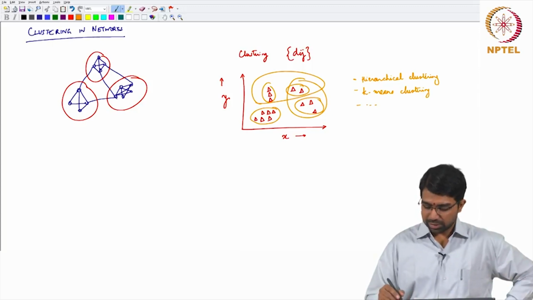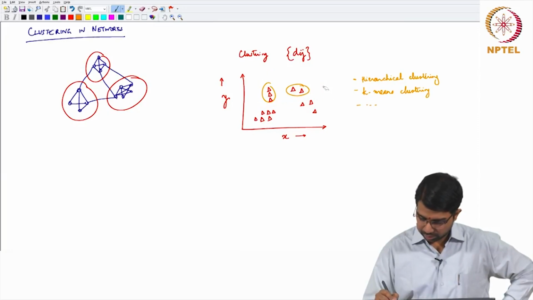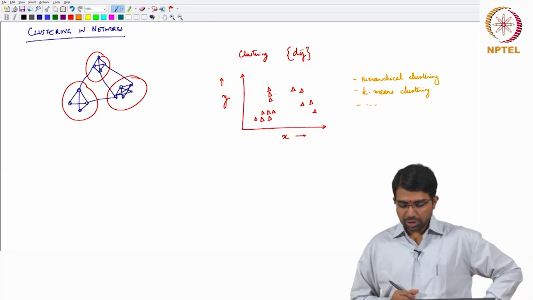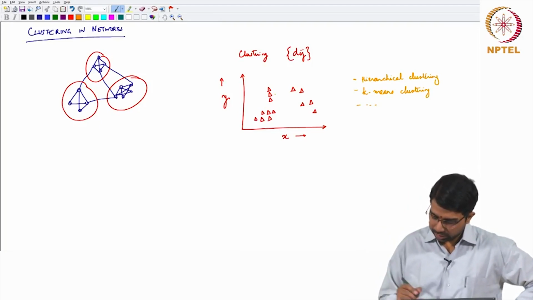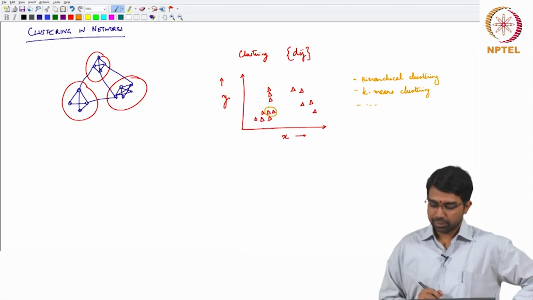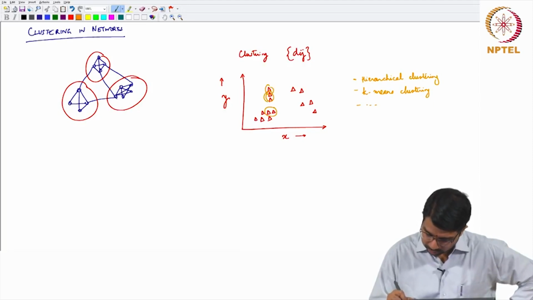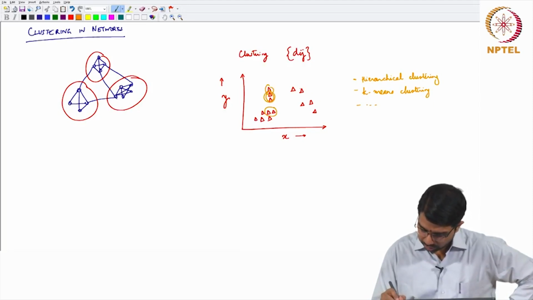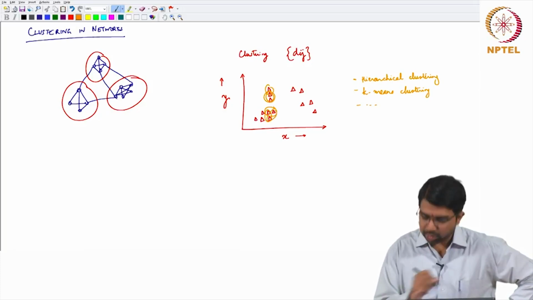So, given a set of points like this, let us get rid of the cluster. Given these points, which 2 points are closest to one another? To me it looks like these 2 points might be very close to each other, maybe followed by these 2, these 2, these 2, then maybe these 2, these 2 and so on.